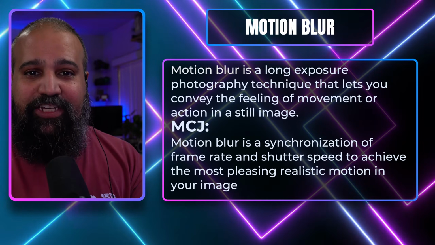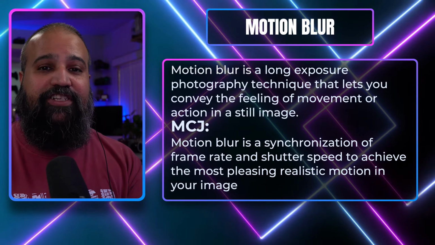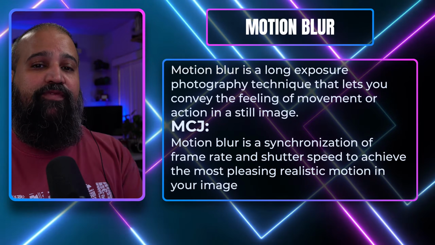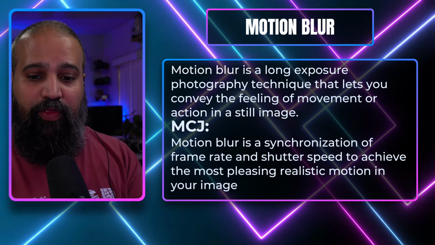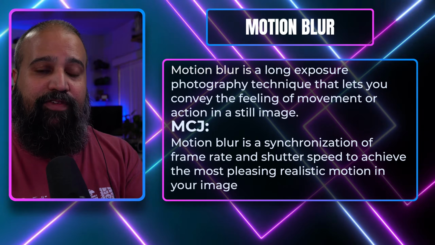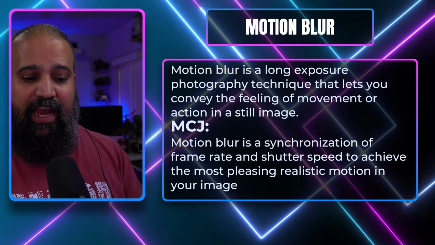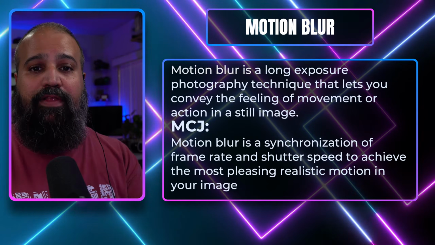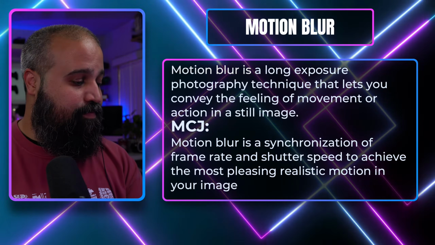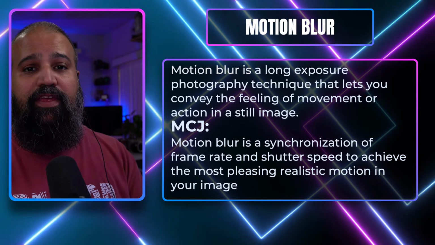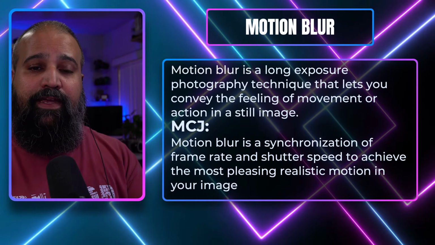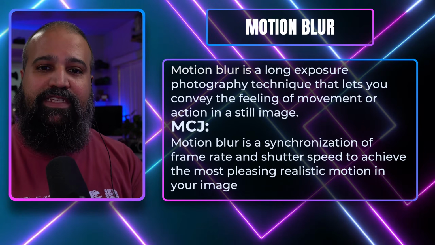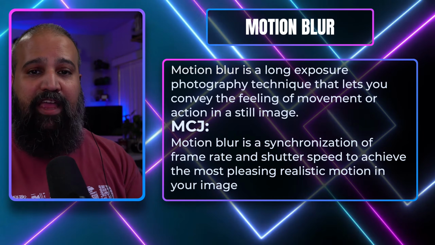I think that just getting a good understanding of what you're trying to achieve within your shot is the way that you should start looking at it. Now, if you're looking to get a more cinematic look, which is the 24 frames a second, then you're probably going to be setting your camera to 1/50th of a second shutter speed, because once again it is the closest thing that we can get to a shutter angle.